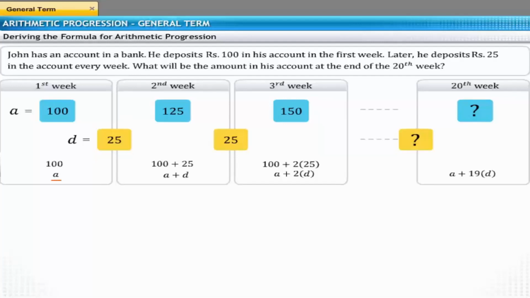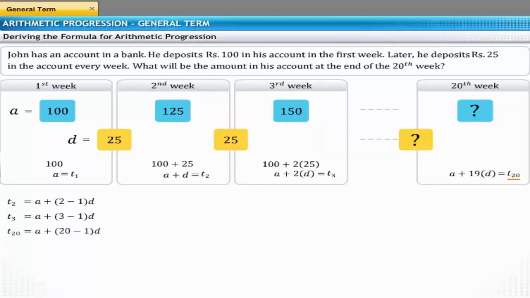If you denote the first term, A, as T1, the second term, A plus D, as T2, the third term, A plus 2D, as T3, and so on, then you get T2 equals A plus (2 minus 1) multiplied by D, and T3 equals A plus (3 minus 1) multiplied by D.